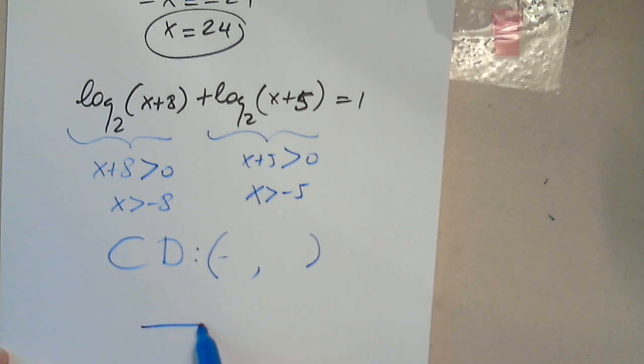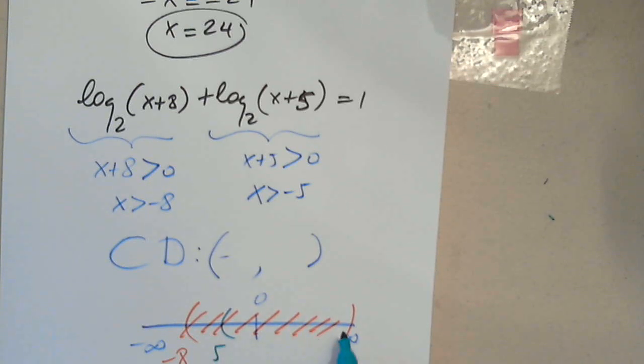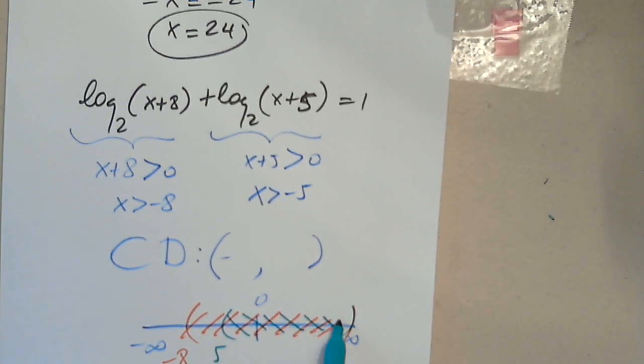Careful. Negative 5. Yes, let's graph it so we don't make an error. We don't have to rush. So negative 8 to infinity is this in orange, and in blue from negative 5 to infinity, and I need the common territory.